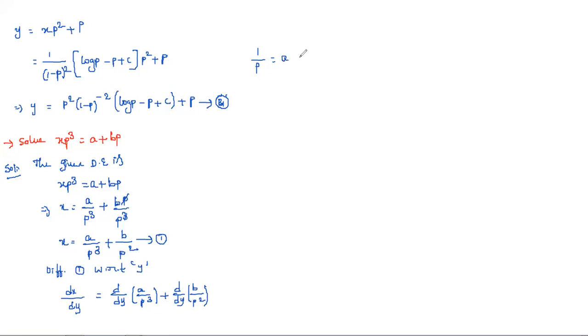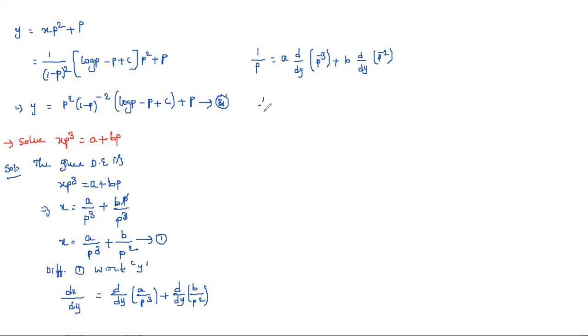Here a is a constant, so you can write it outside. So d by dy of 1 by p cube. So you can take this into the numerator as p power minus 3, plus b is a constant, d by dy of p power minus 2. I just took 1 by p cube as p power minus 3 and 1 by p square as p power minus 2.